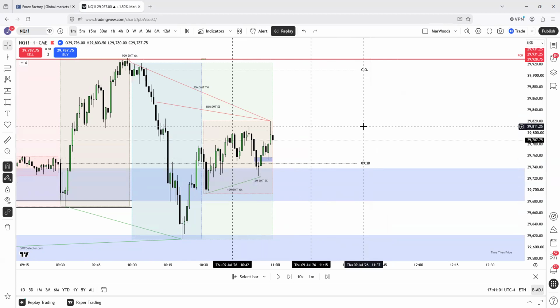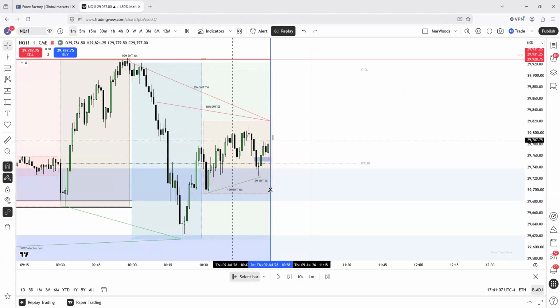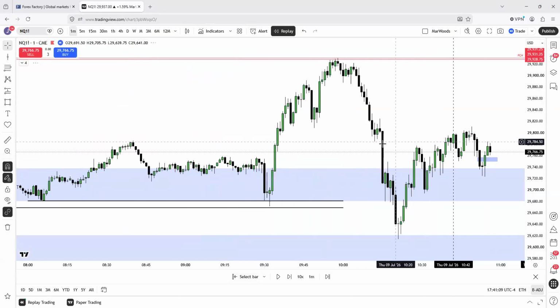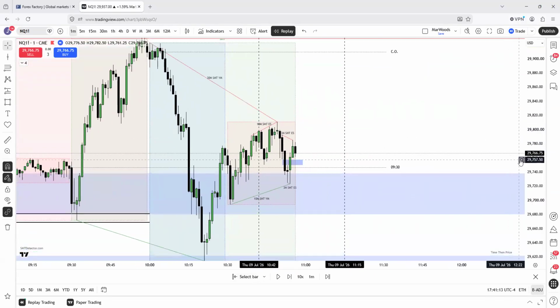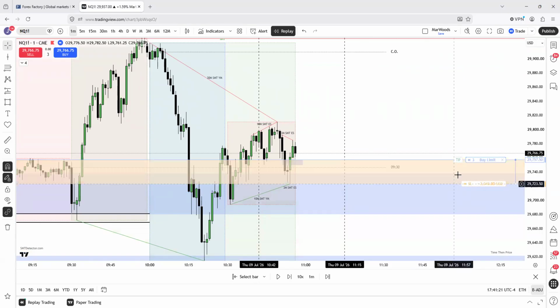All right, our last step is our execution. So we always want to enter in this inversion gap. We want to enter there. What about the contracts? Stop loss below the SMT low.